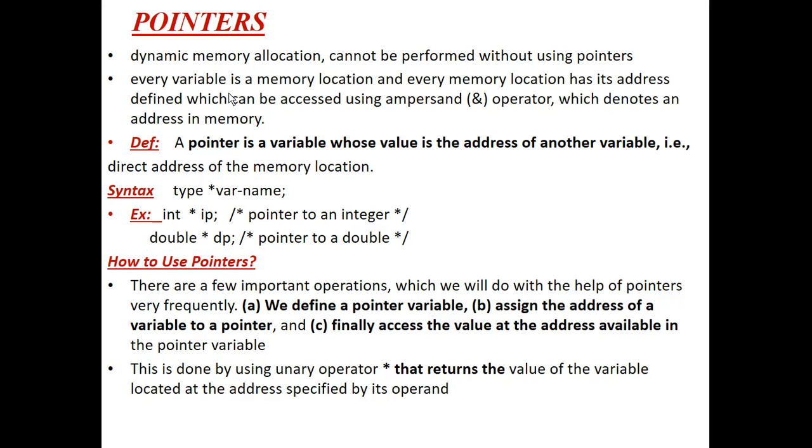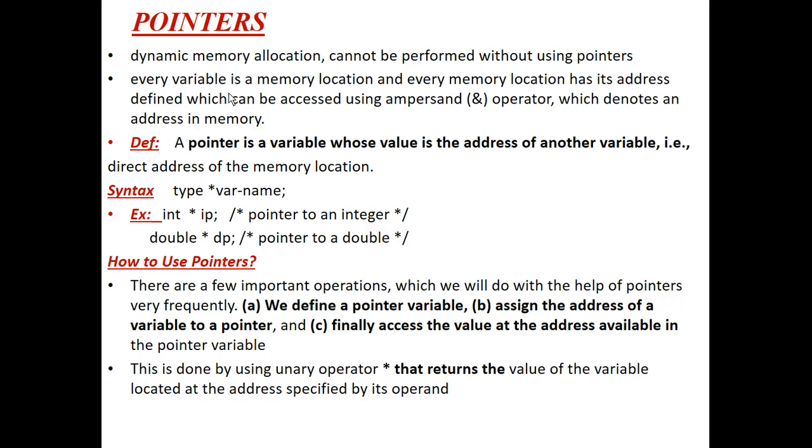These are the two ways the compiler allocates memory to a particular variable to store the value assigned when we declare it.